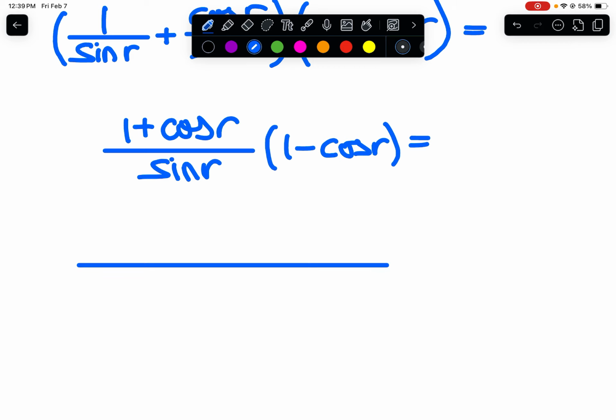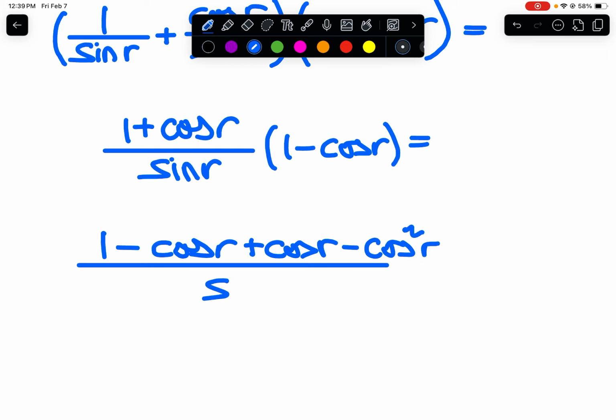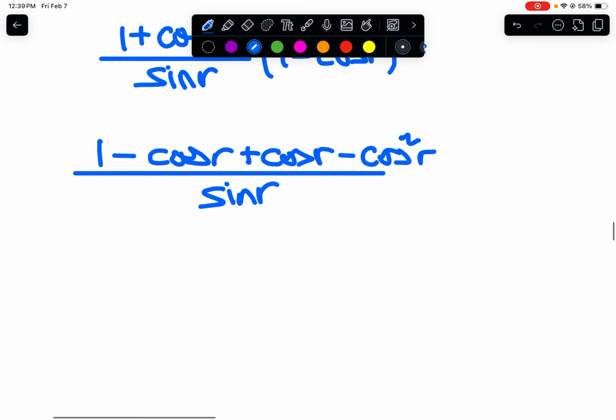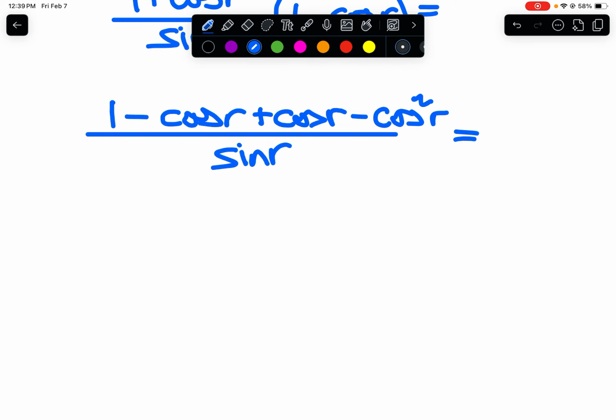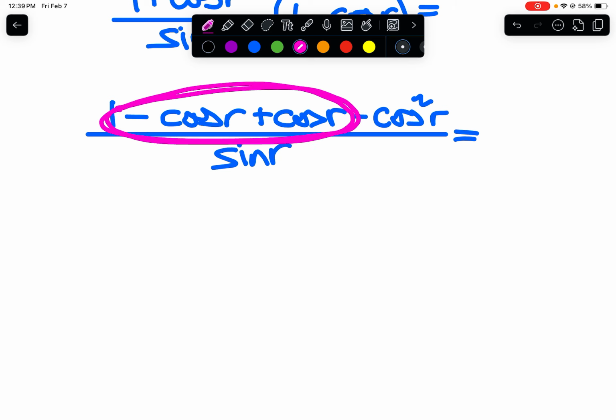So this is going to be 1 minus cosine r plus cosine r, and then minus cosine squared r, all over sine r. So what's going to happen is I'm going to extend this. In the middle here, your negative cosine and your positive cosine are going to zero out.